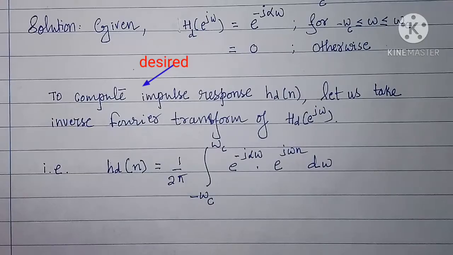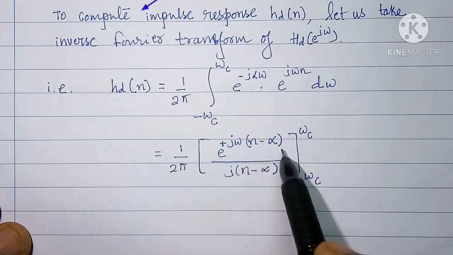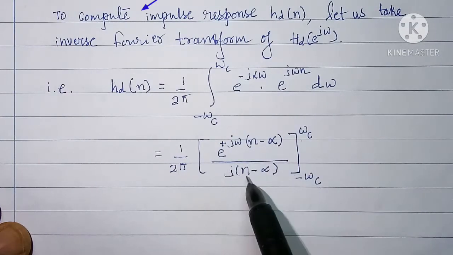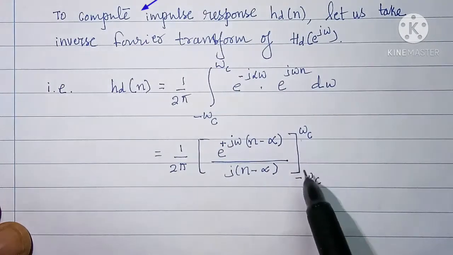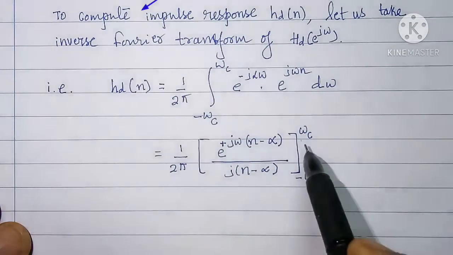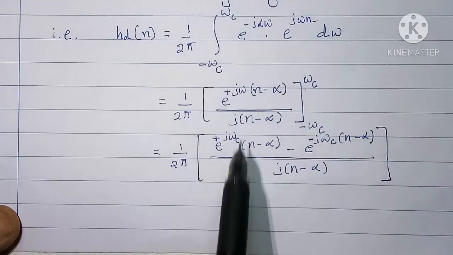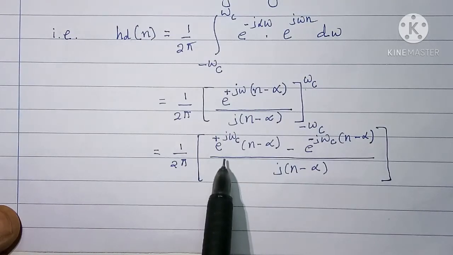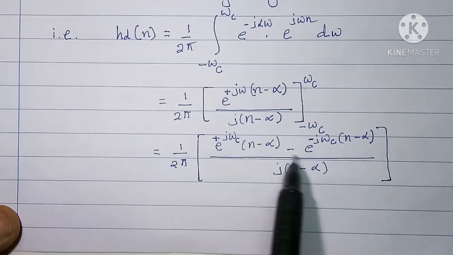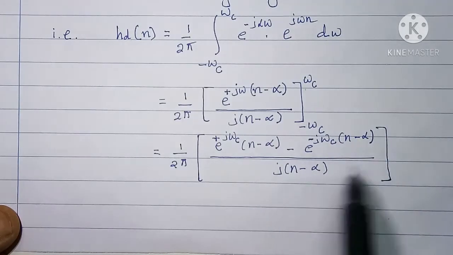Integrating, we get 1 by 2 pi e raised to plus j omega into the bracket n minus alpha upon j into the bracket n minus alpha, with the limits minus omega c to plus omega c. Substituting for upper and lower limits in place of omega, we get 1 by 2 pi into the bracket e raised to j omega c into n minus alpha minus e raised to minus j omega c into the bracket n minus alpha, whole divided by j into n minus alpha.